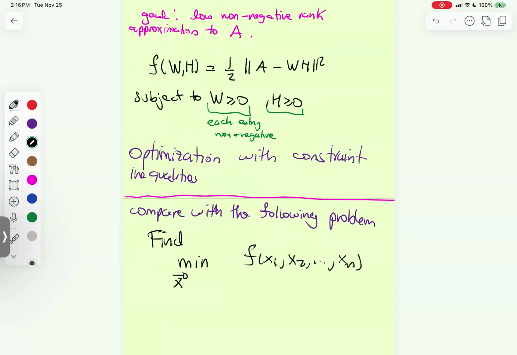So basically, the minimum is not being taken over any arbitrary point in Rn, but rather the vector x has to belong to a set, which will be a convex set. So I'll start more general, then narrow it down to what you care about.